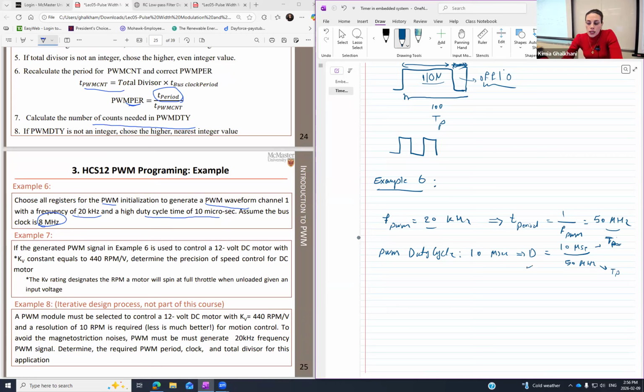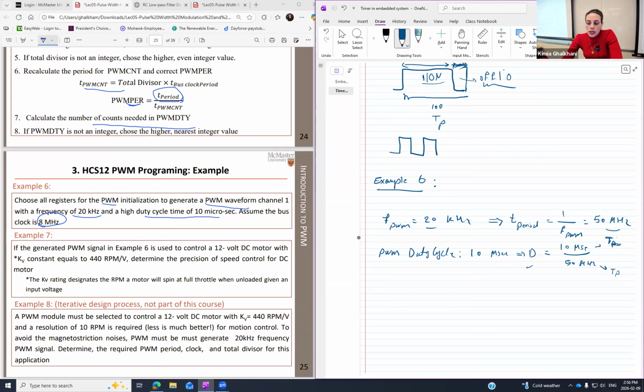Now I'm going to look at my main bus, or let's say the frequency of bus. We already know crystal frequency divided by 2 is going to give me the bus frequency. In this example, the bus frequency is given to be 8, from the problem, look at here.